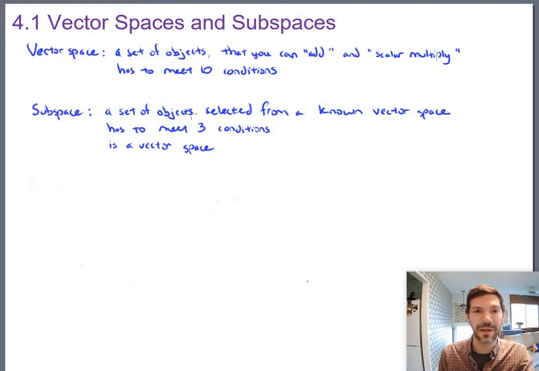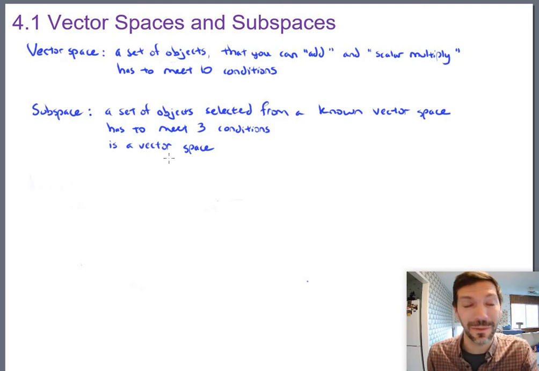And those 3 were basically closure under addition, closure under scalar multiplication, and the existence of the 0 vector. Because when you selected a smaller set of objects, maybe you left the 0 vector out. Or maybe you left out some things that you needed for closure. But anyway, once those 3 things are met, then you can say, hey, my new collection of objects is also a vector space. It will also play nicely for all of this future theory that we're going to develop.